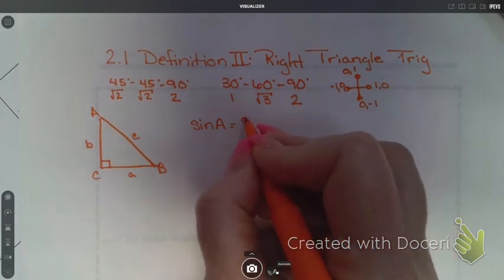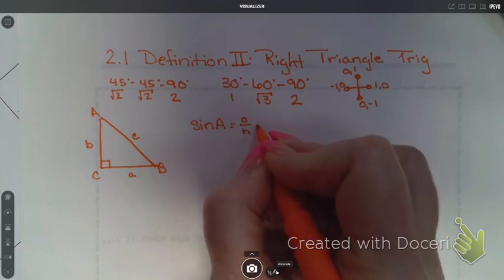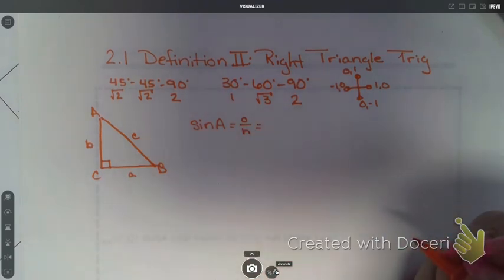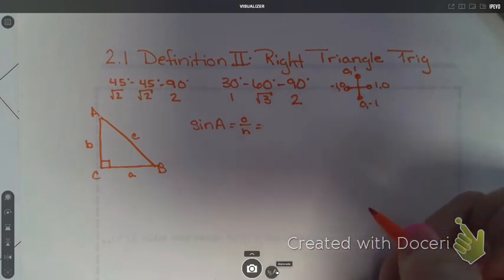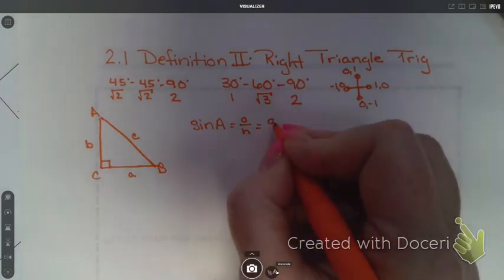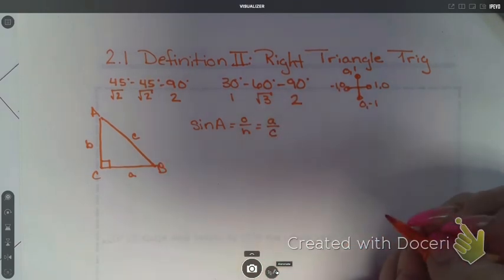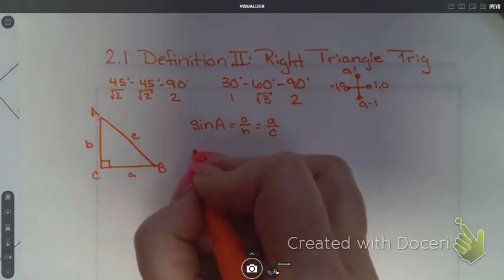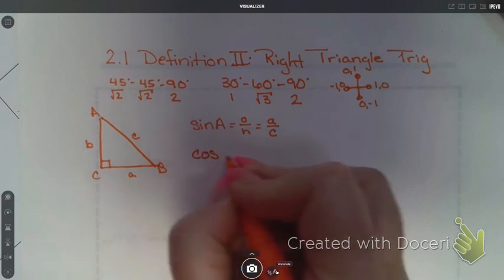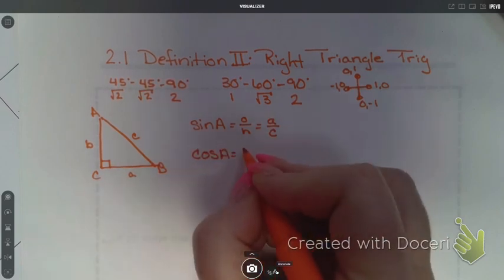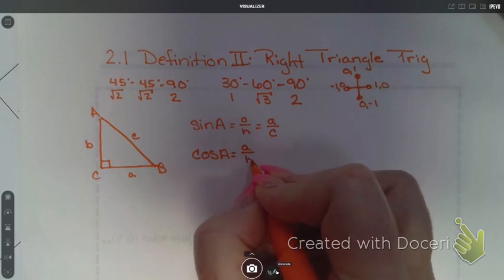Okay, so the sine of A is opposite over hypotenuse. Do I need to write out the words? Are you good with O's and H's and A's and H's? Okay, so what's opposite of A? A. And hypotenuse is C. And then cosine of A is adjacent over hypotenuse.